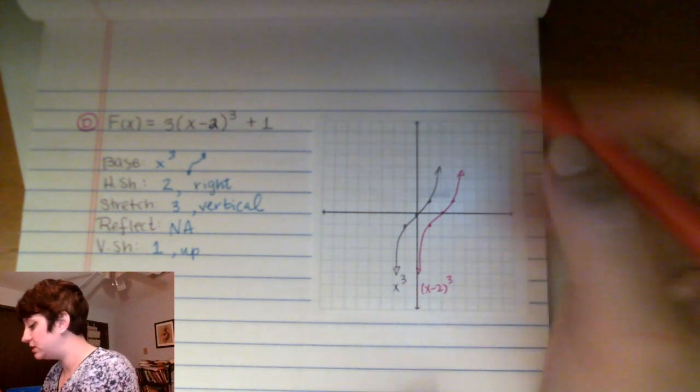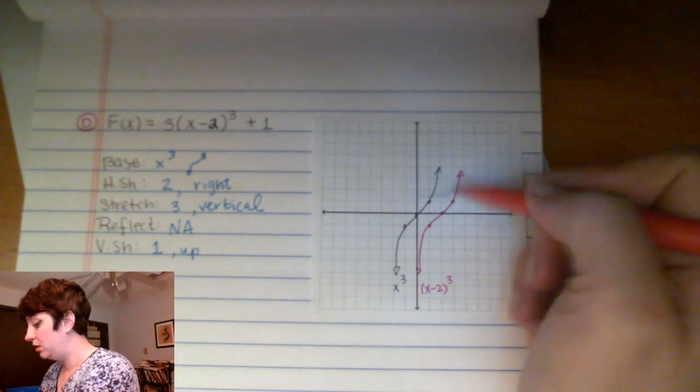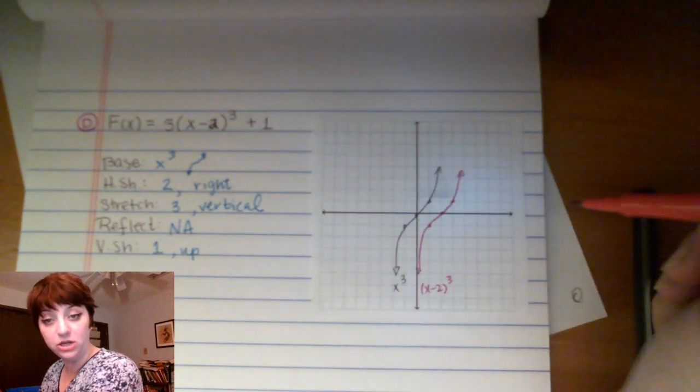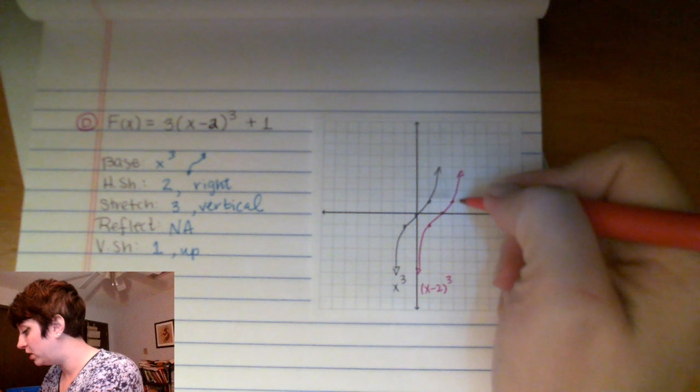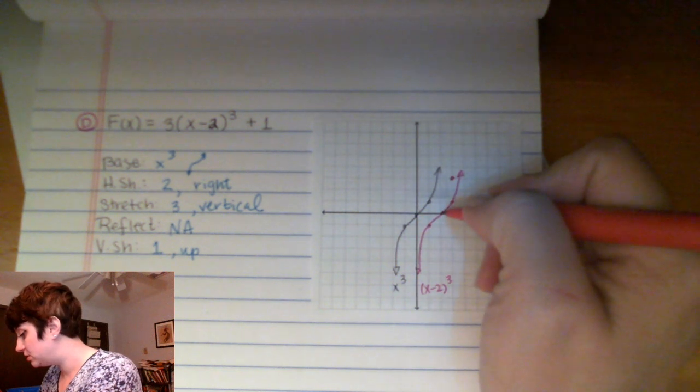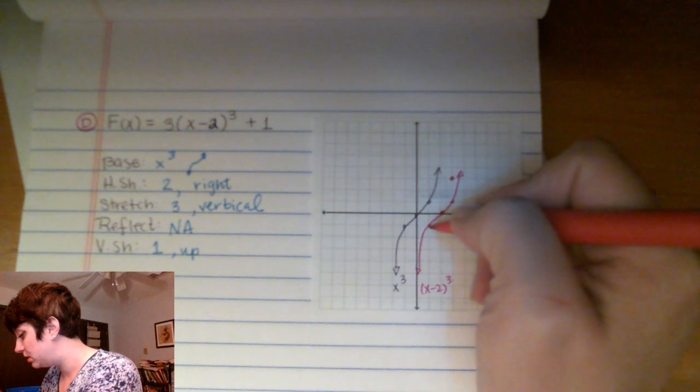All right, so just like this operation is multiplication, it's multiplication in my graph. So 1 times 3 is 3. 0 times 3 is 0. -1 times 3 is -3.